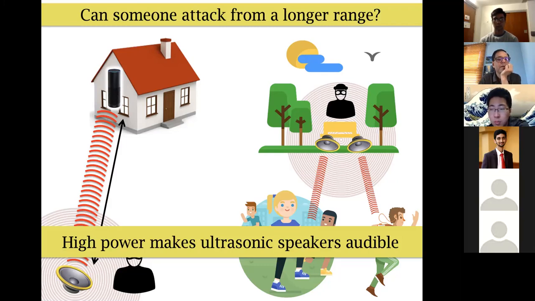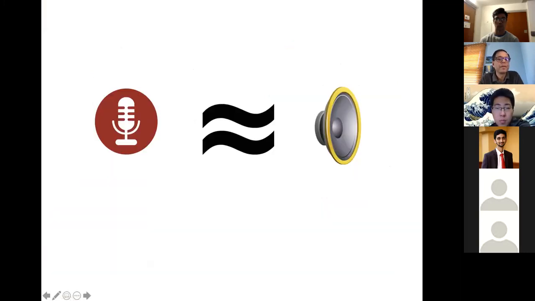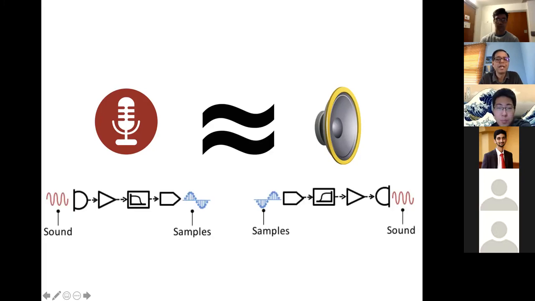Can someone tell me why? So once we started playing a high power sound through the speakers, we could hear the voice command, "Alexa, open the garage door." Why? Okay, the answer is, speakers and microphones are not too different. They're actually the same things in reverse.